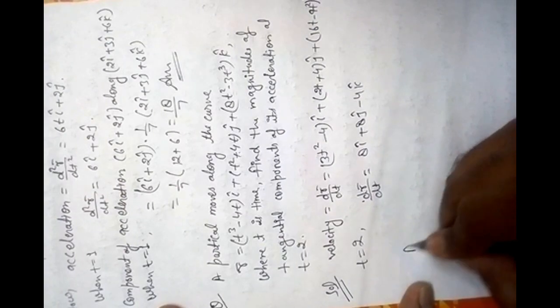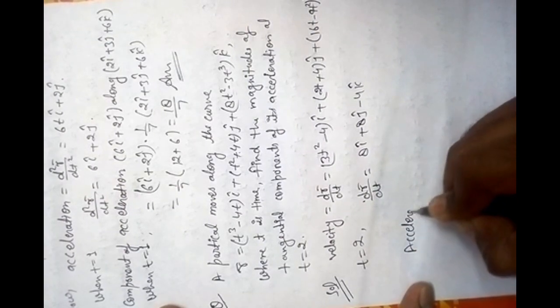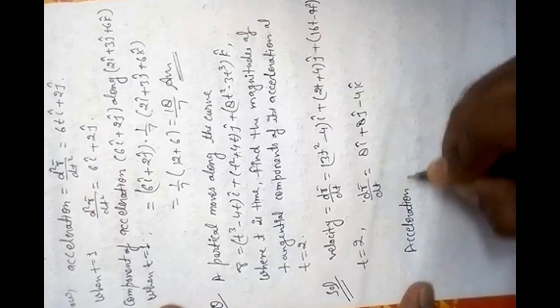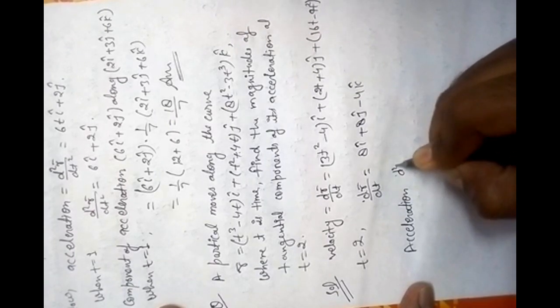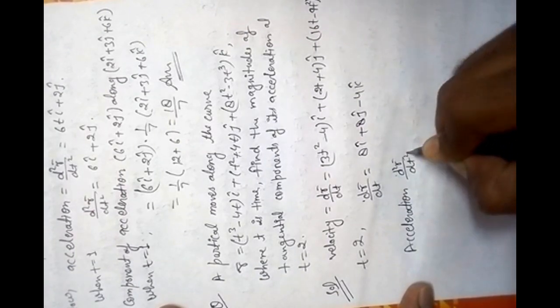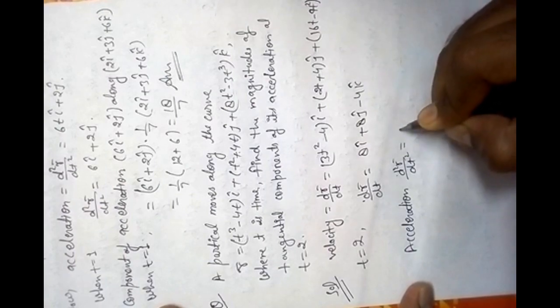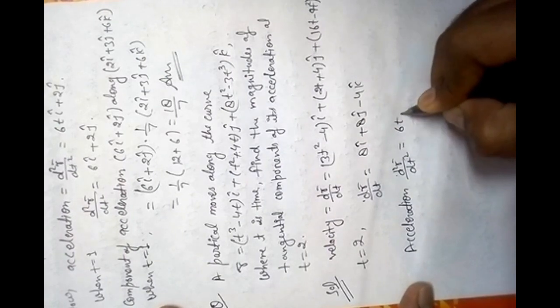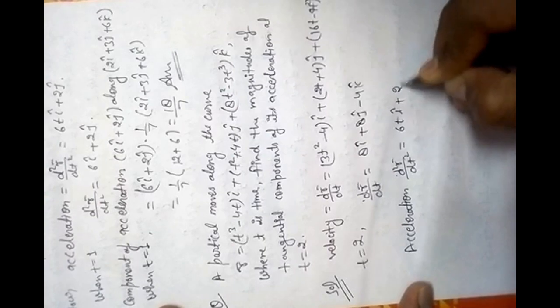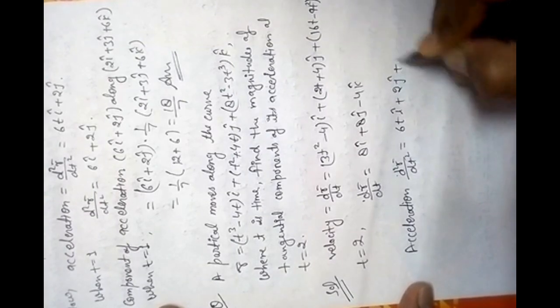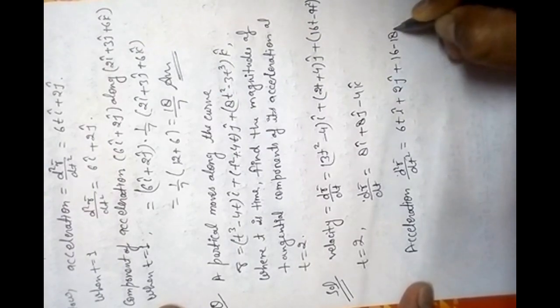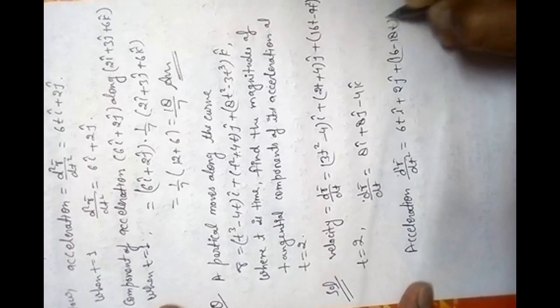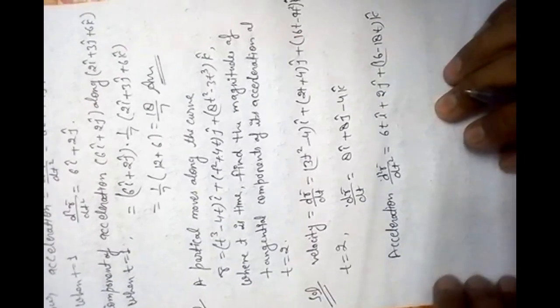Now acceleration d2r over dt square is equal to 6t i plus 2j plus (16 minus 18t) k.